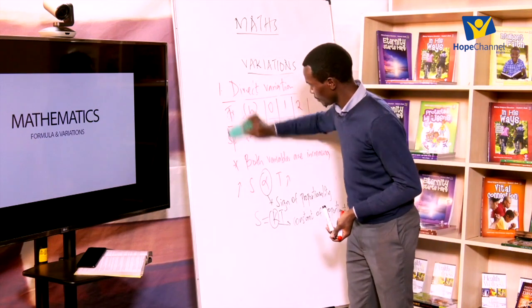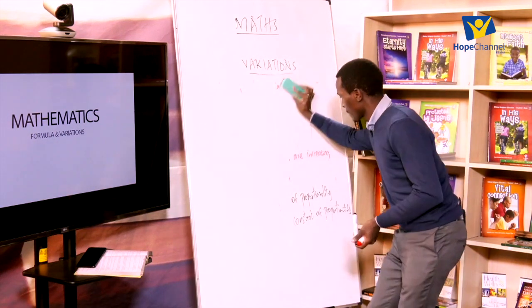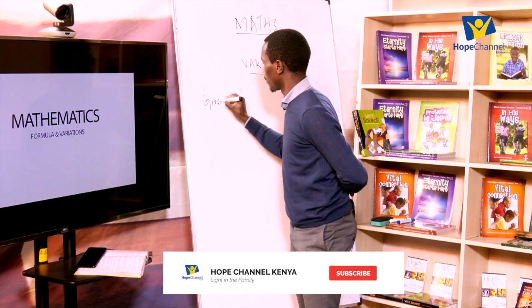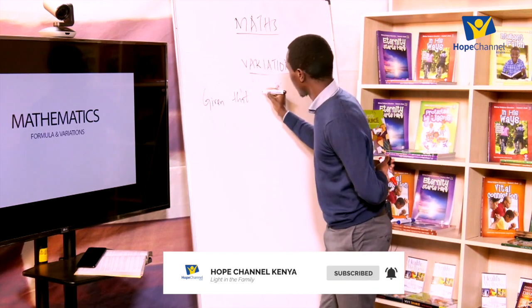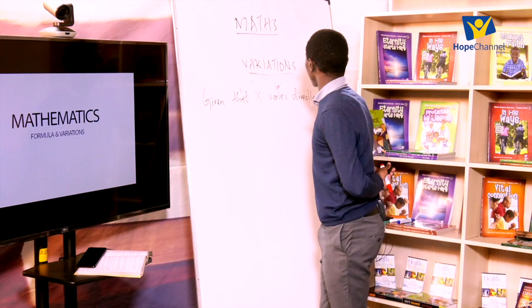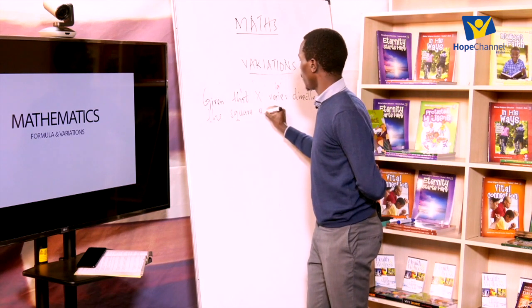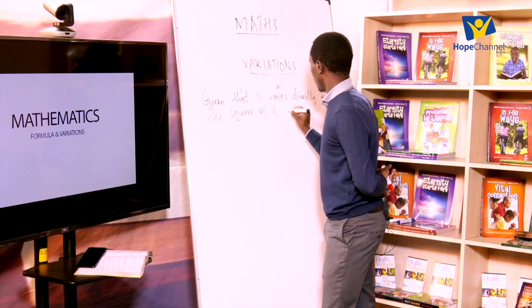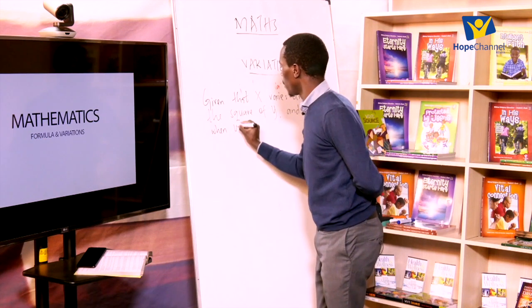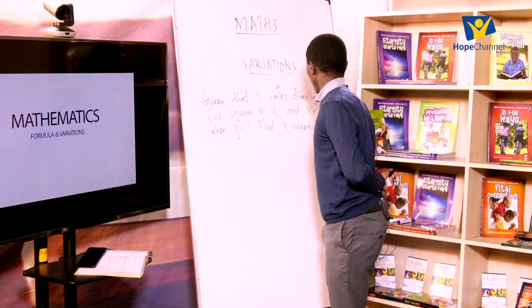The example says, given that x varies directly as the square of y, and x is equal to 2 when y is equal to 1, find x when y is equal to 4.